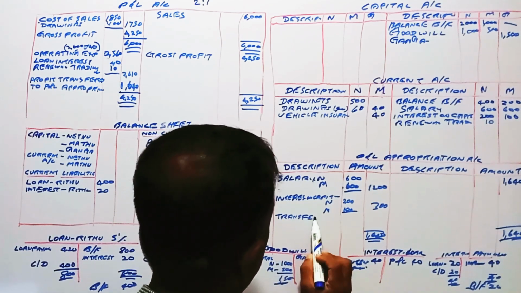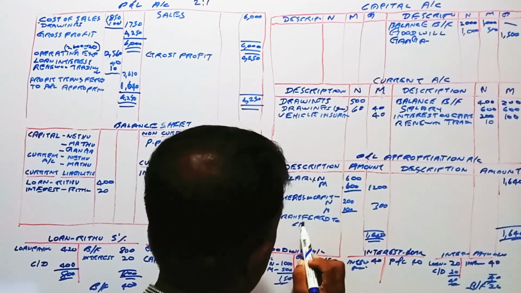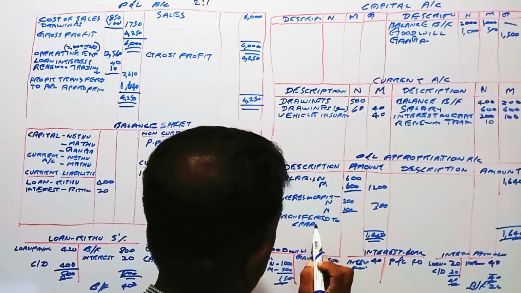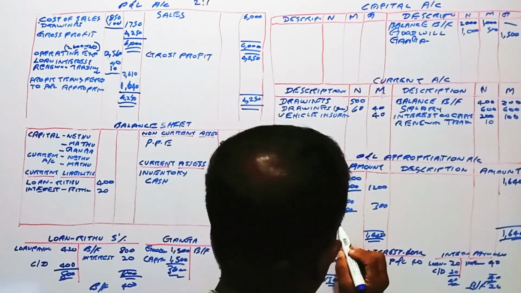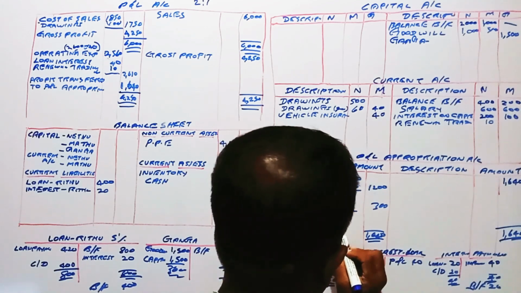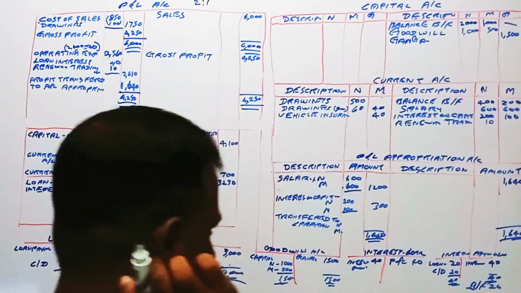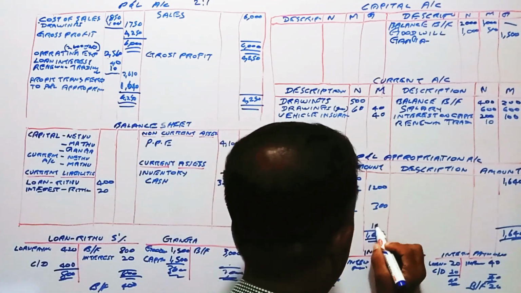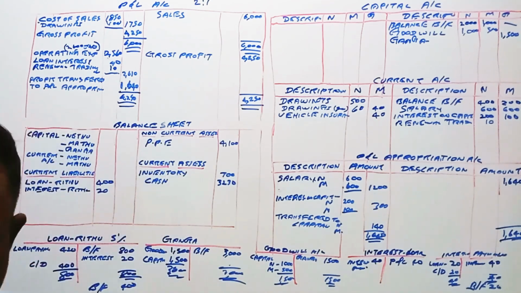Then for the capital account, transfer to capital account, right? N and M, right? What is the difference? 140 is the difference, right?